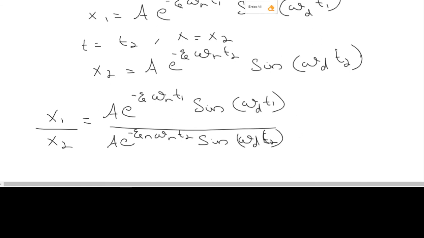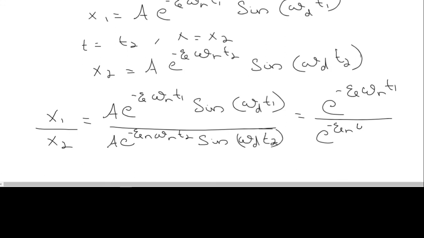So let's call the second time t2. If you simplify that, you will get e to the power of minus epsilon omega n t1 over the same with t2.